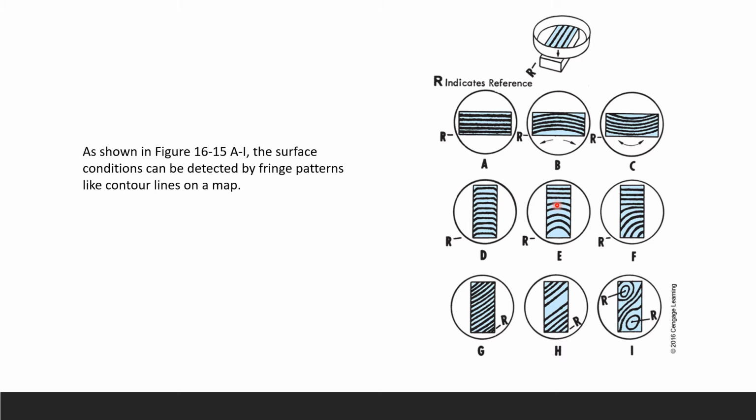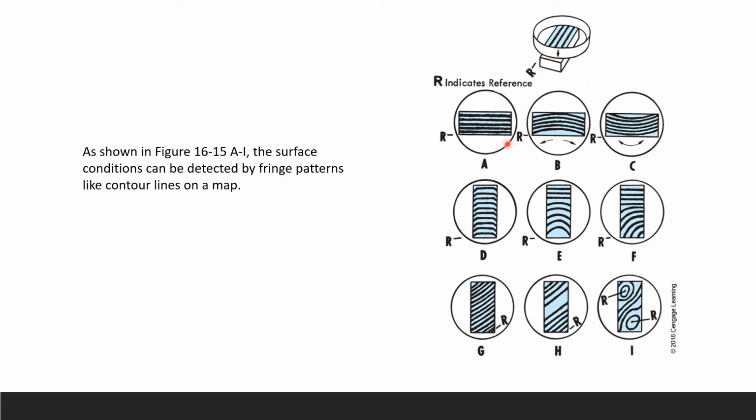Here in this picture, we have A all the way to I. The surface conditions can be detected by looking at the fringe patterns. When you look at the fringe patterns, they show contour lines like on a map. Here R indicates your reference.